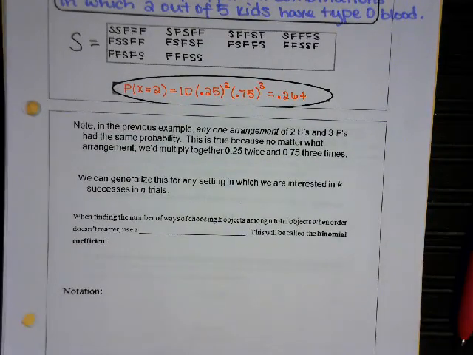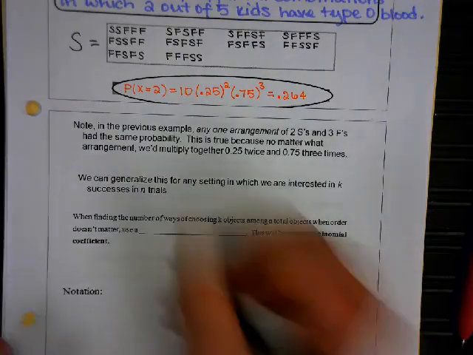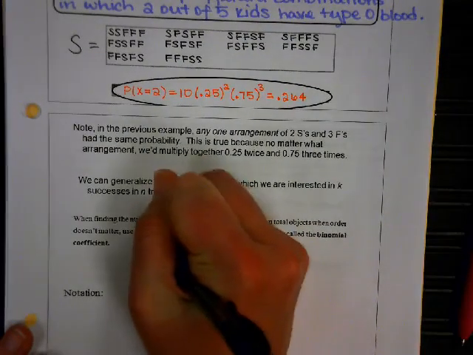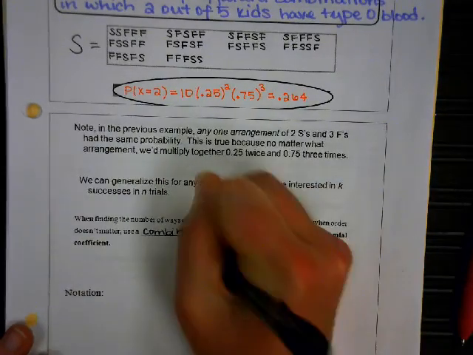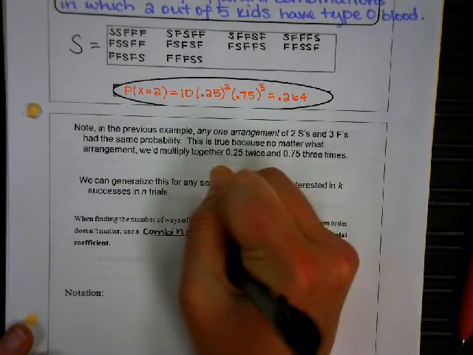When you want to find the number of ways of choosing k objects among n total objects when order doesn't matter, you're going to use a combinatoric. The combinatoric calculator function tells you all the different combinations so that you don't have to sit and make a list like we did.